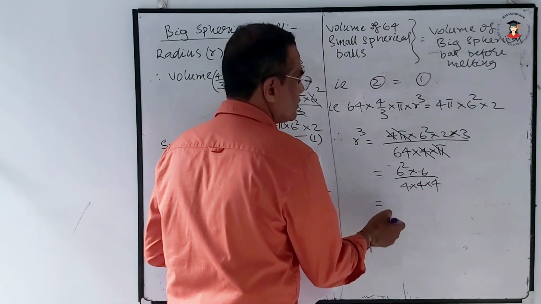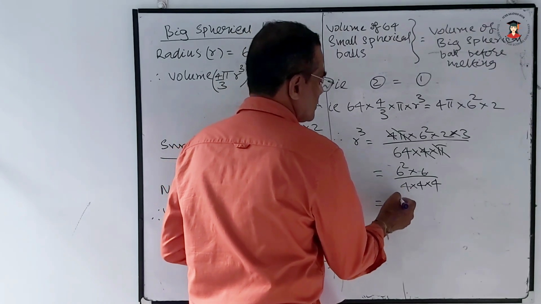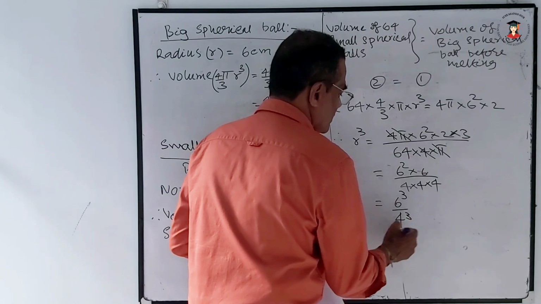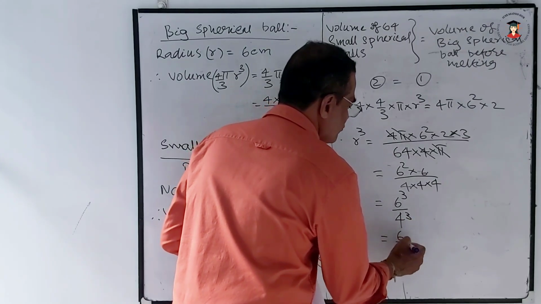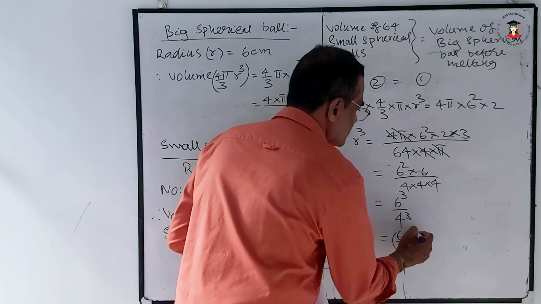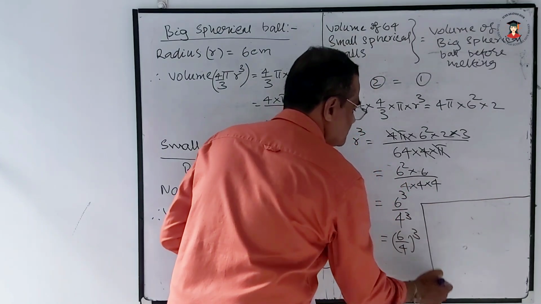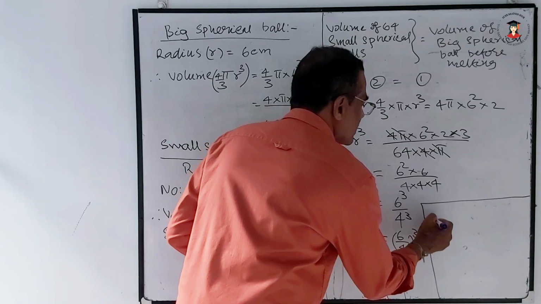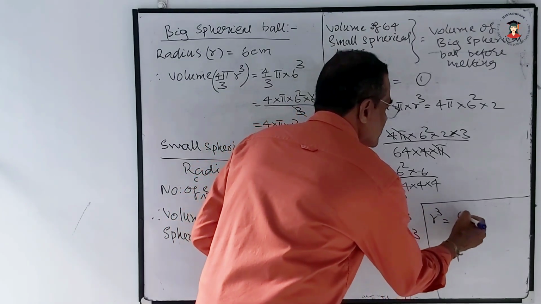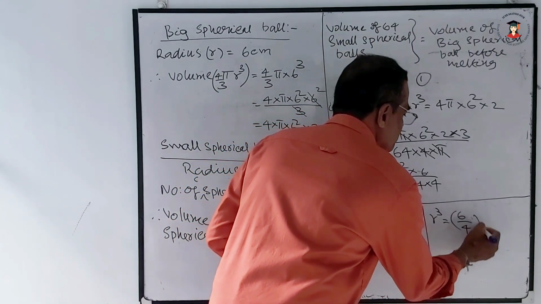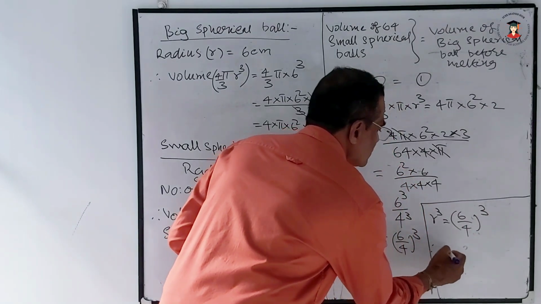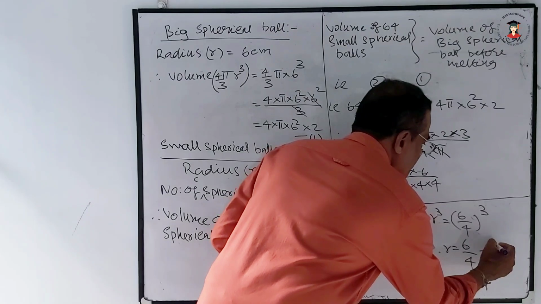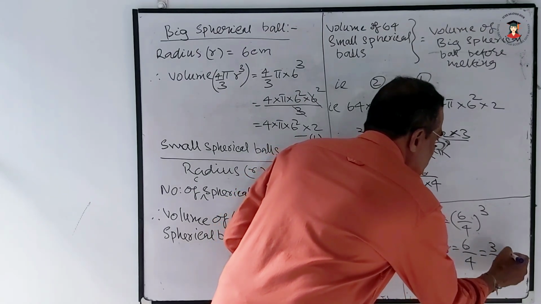So this is equal to 6 cube by 4 cube, equal to 6 by 4 whole cube. R cube is obtained, that is R cube equal to 6 by 4 whole cube. Therefore, R equal to 6 by 4, which is 3 by 2 centimeter.